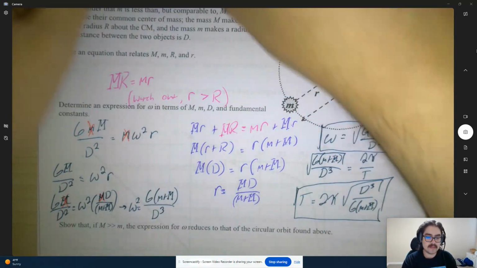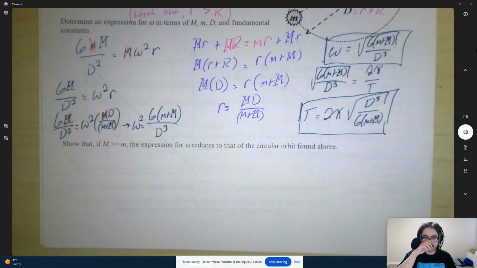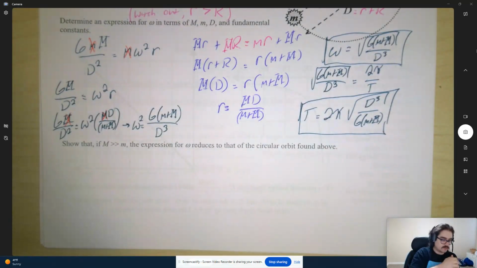The final part says to show that if big M is way larger than little m, the expression for omega reduces to that of the circular orbit equation as shown above.